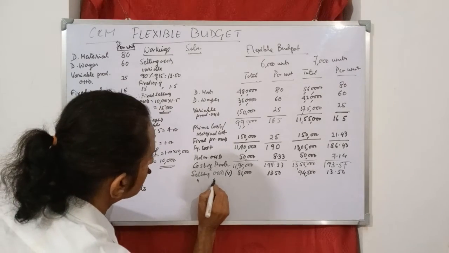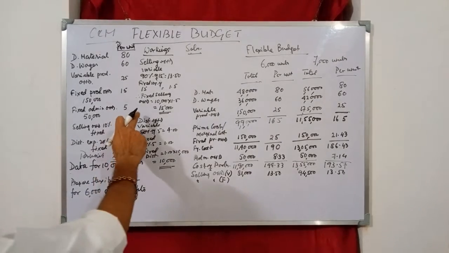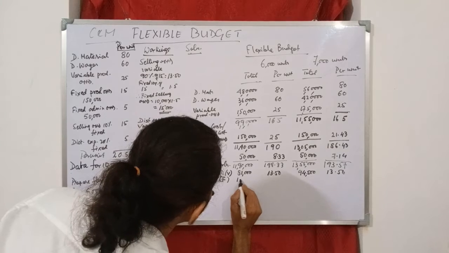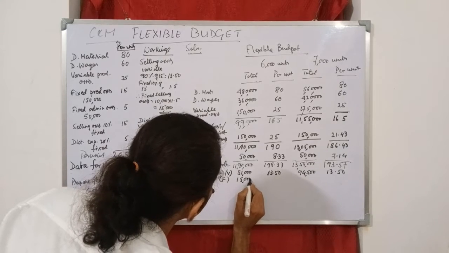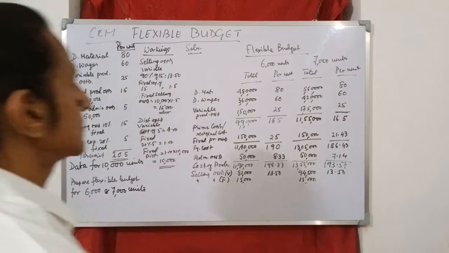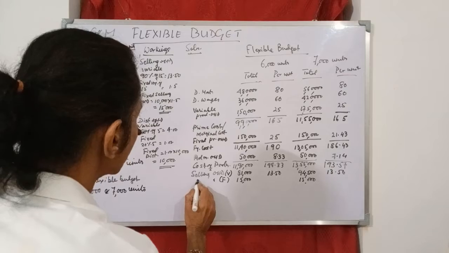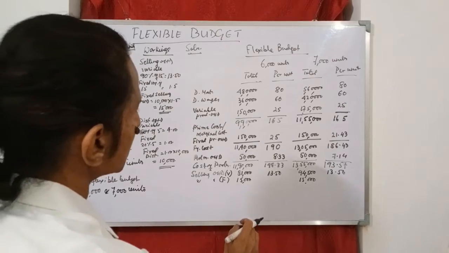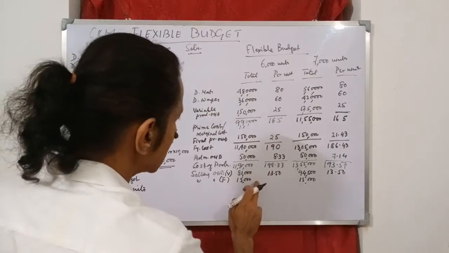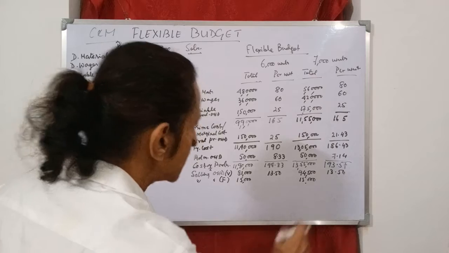Now the fixed part of selling overhead, how much? Fixed selling overhead is 15,000. This is fixed for all the levels. Now we have to find out the per unit fixed selling overhead by dividing 15,000 by 6,000 for 6,000 units and 15,000 by 7,000 for 7,000 units.